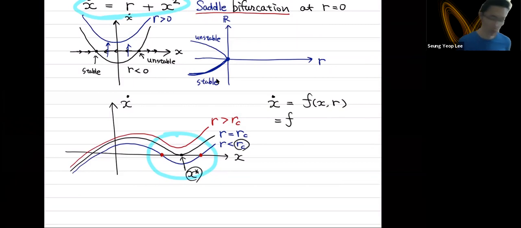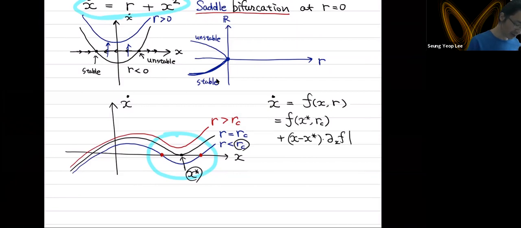That's the point where you Taylor expand. The first term will be this, and then the linear term will come: x minus x star times the x derivative of f evaluated at the point x star, r_c.